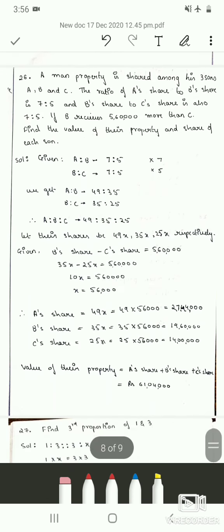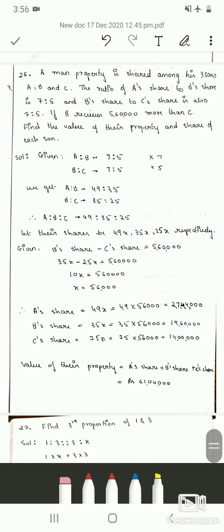So the next problem is, a man's property is shared among his 3 sons A, B and C. The ratio of A's share to B's share is 7:5, and B's share to C's share is also 7:5.